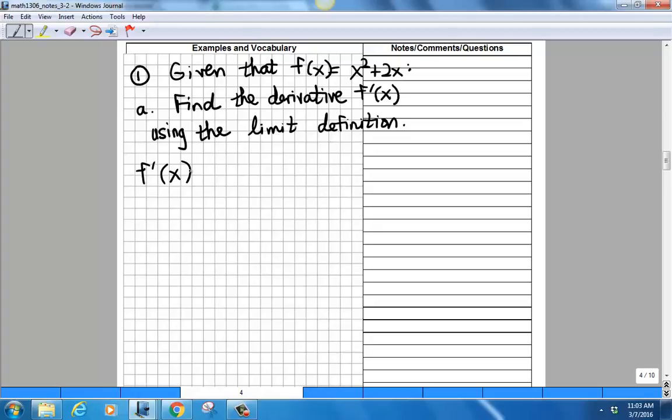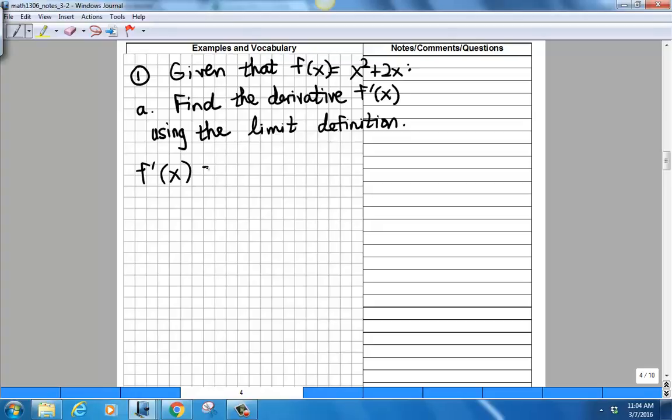So let's calculate the instantaneous rate of change at the number x, but I'm not going to pick a specific value for x. I'm going to keep x as a variable. Right, so how would that look? Again, this is not f of x now. This is f prime of x, right? So be careful. f of x is x squared plus 2x. But what I want to know is, what is f prime of x, right?